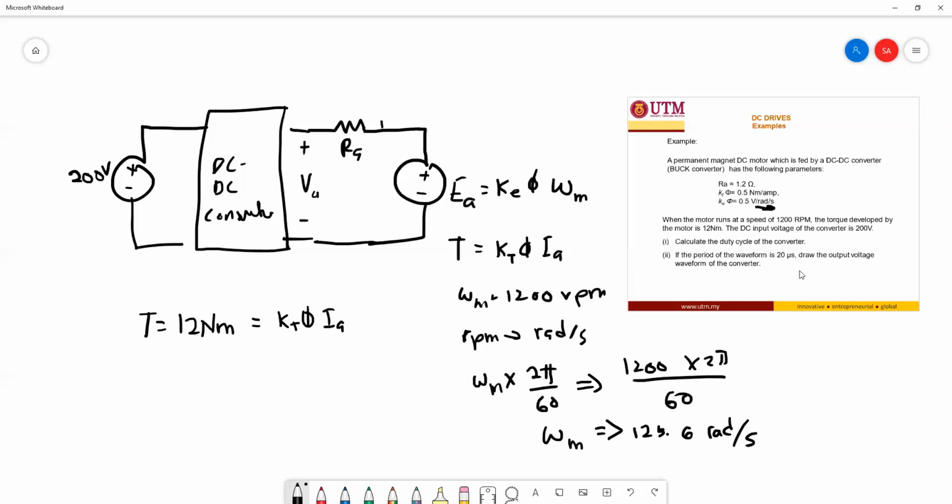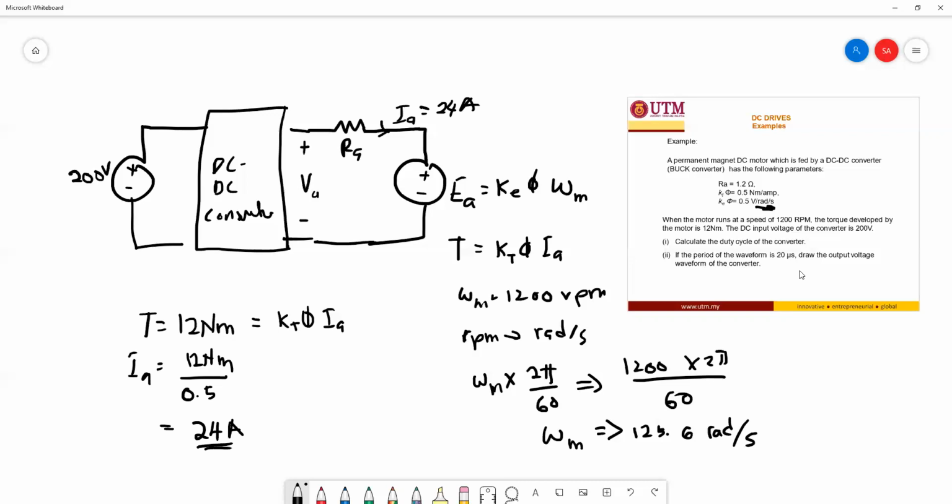What is the value of IA that actually flows inside this motor? So your IA is 12 Newton meter over 0.5. So you should get around 24 ampere. So right now we have already got the speed 125.6 and IA is 24 ampere.